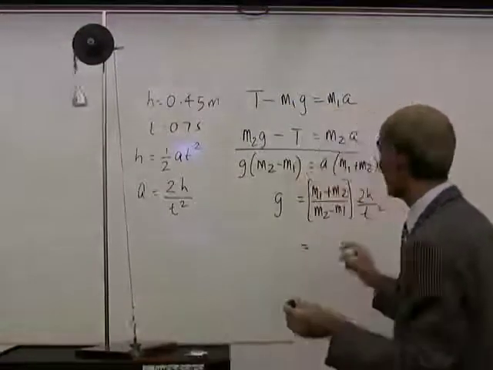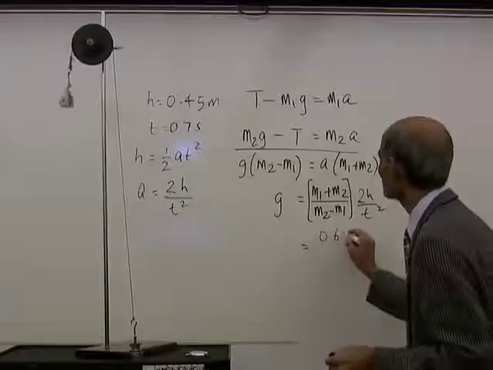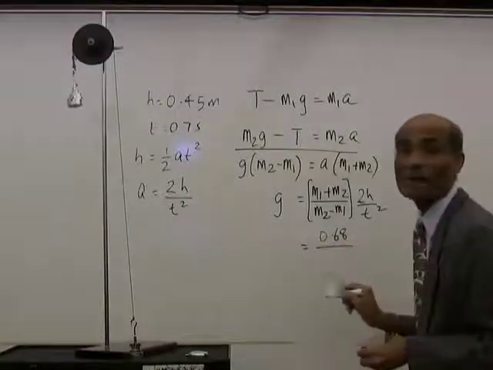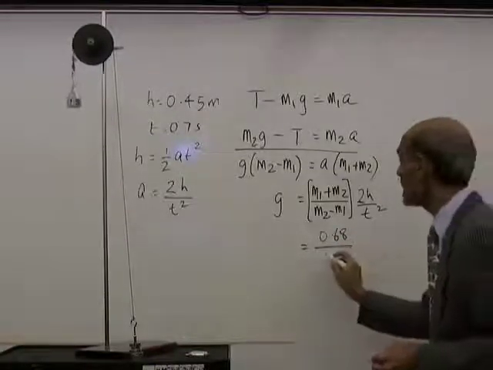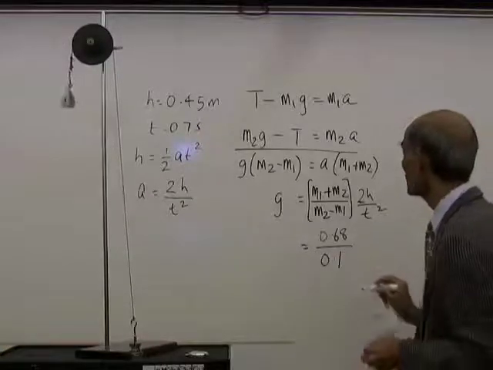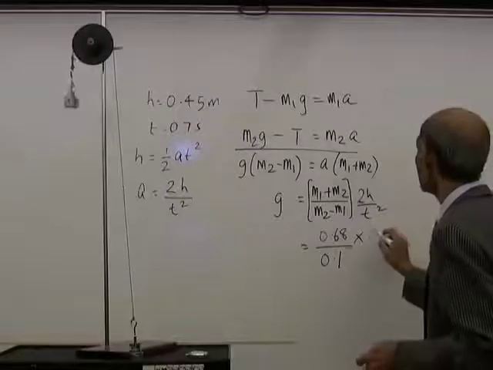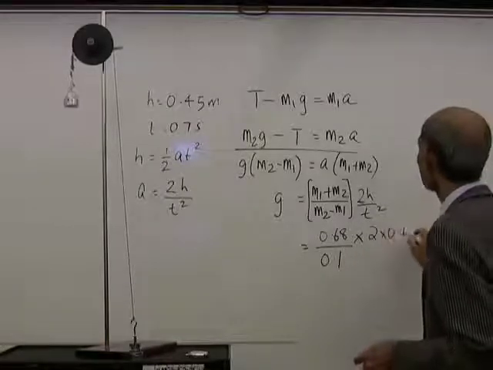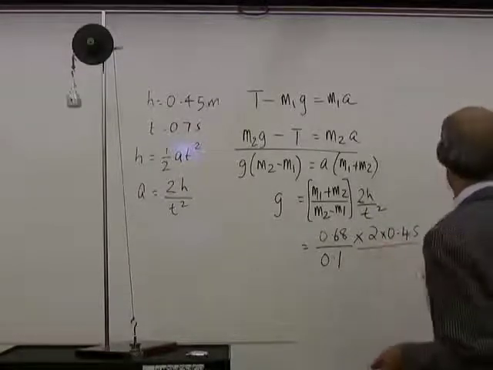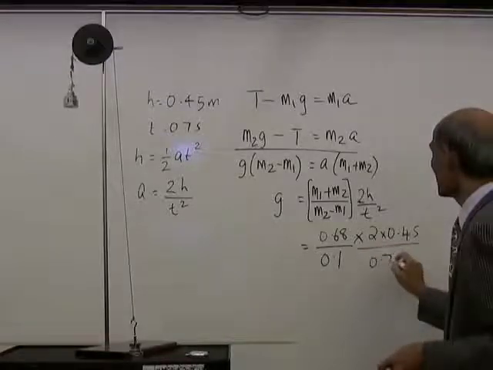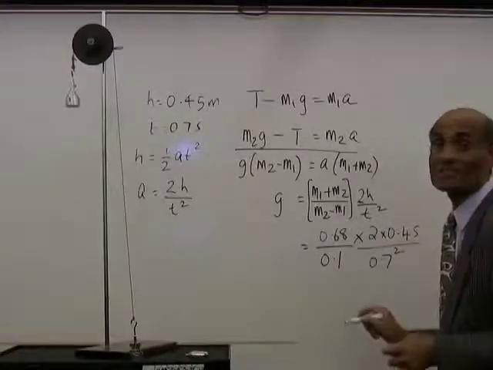So I'm going to say that will be 0.68 divided by, what is m2 minus m1? 100 gram. And that will be times 2h, 2 times 0.45 divided by t squared, 0.7 squared.